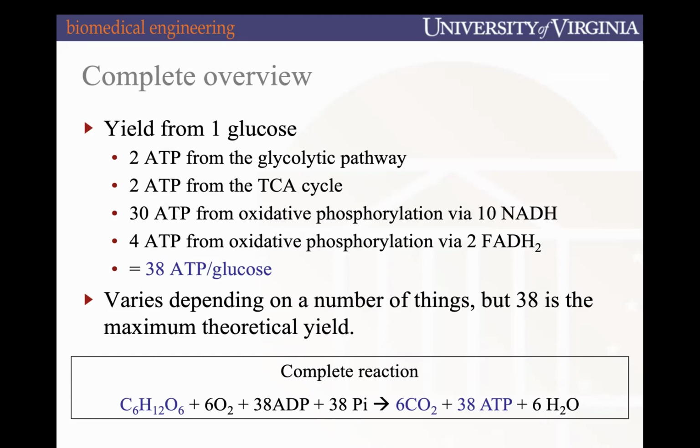Again, this is a max theoretical yield. There's oftentimes electron leak that occurs at mitochondria. Particularly, there are more and more areas of research that are studying mitochondria dysfunction and how that relates to disease. As more information is coming about mitochondria dysfunction, we're also understanding more about how the disruption of these processes can contribute to disease.